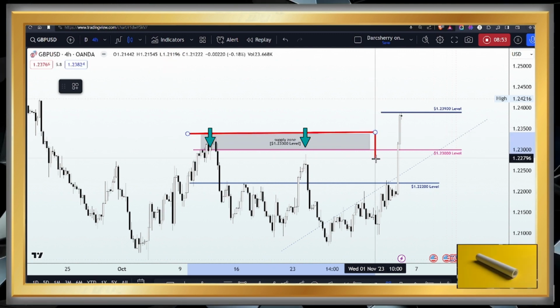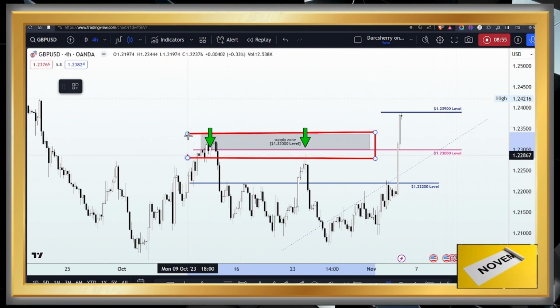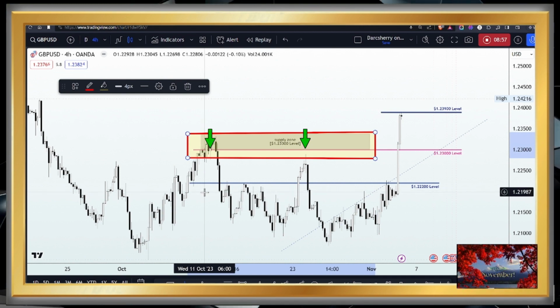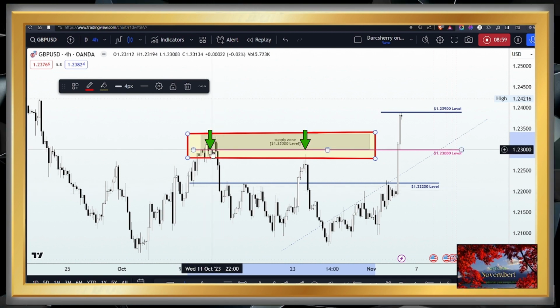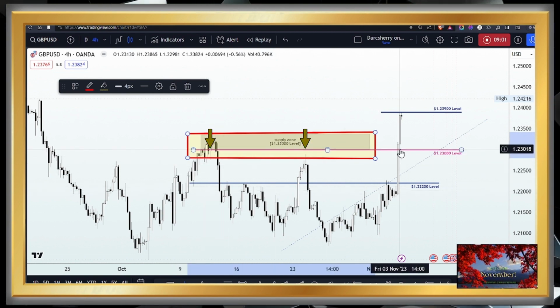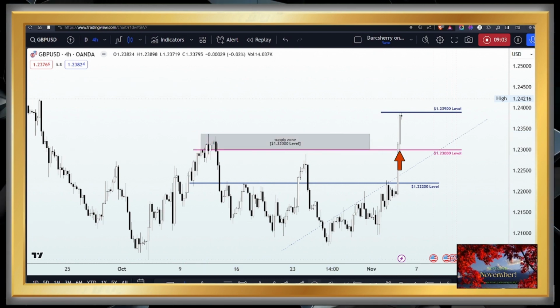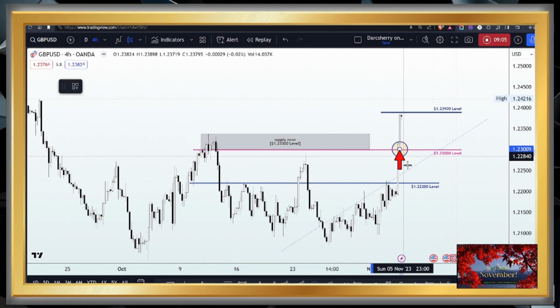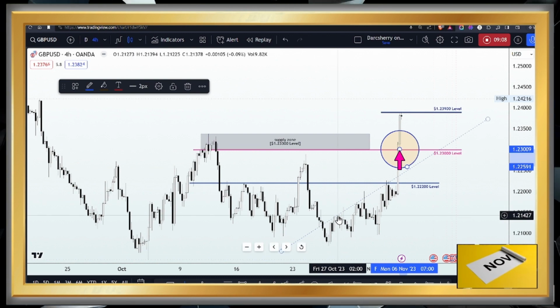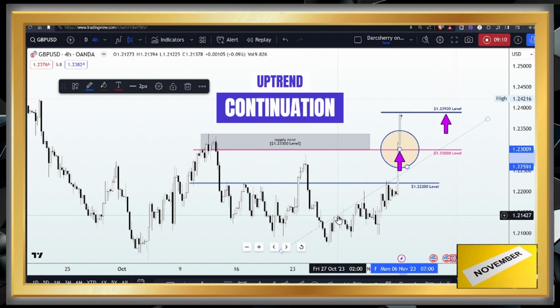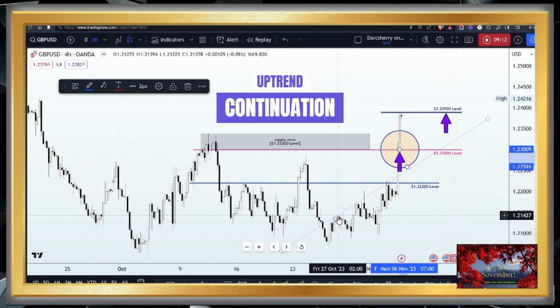Remember, this zone here had played a major role in negating sellers' and buyers' attempts throughout the month of October. And not until last week, Friday, we finally saw price action break out of that zone, and this might likely be a new platform to incite an uptrend continuation.